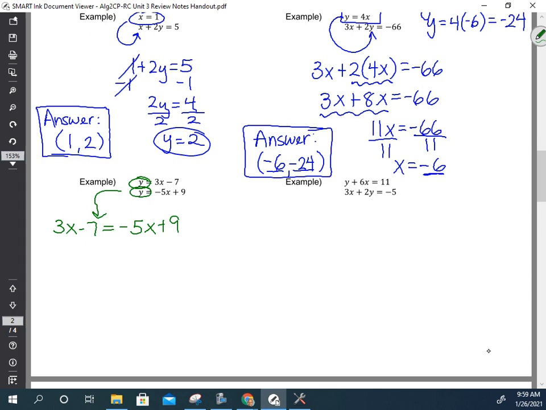To combine like terms, we either have to move the 3x over to the negative 5, or the negative 5 over to the 3x. Negative 5, we're going to have to add it to both sides. So those drop out. 3 plus 5 is 8.